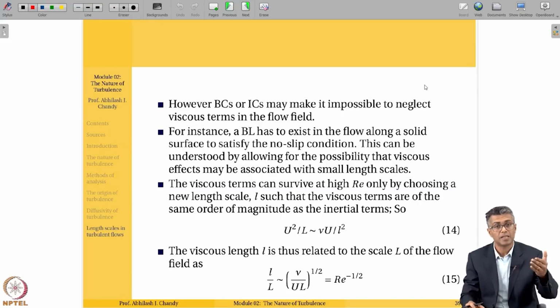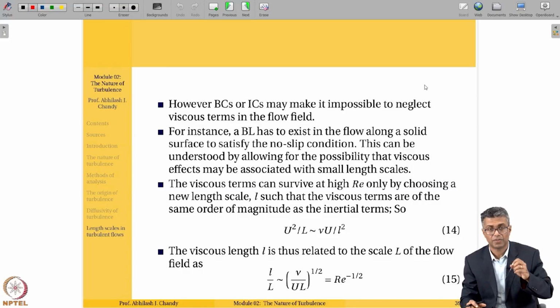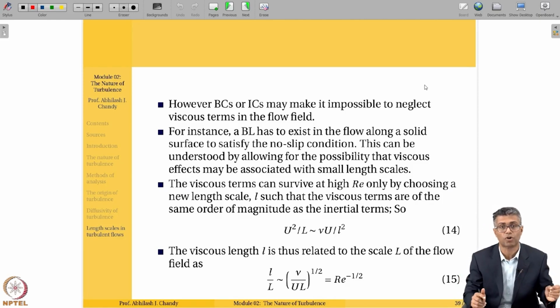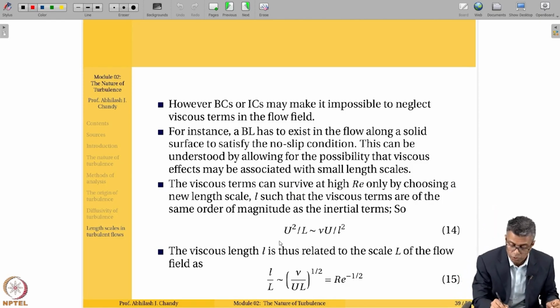For instance, in this case, the viscous effects are acting on the small length scales, right? So the viscous terms can survive at high Reynolds number only by choosing some kind of a new length scale. And because you have a different length scale in turbulent flow, you can choose a new length scale l such that the viscous terms are of the same order of magnitude as the inertia term, which is what I have written here.